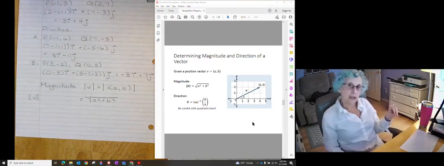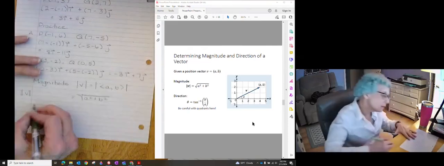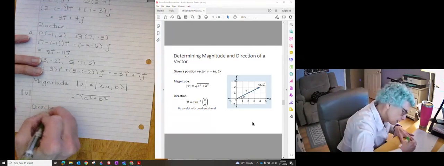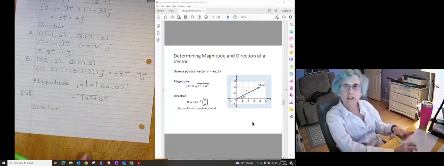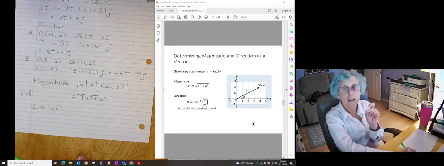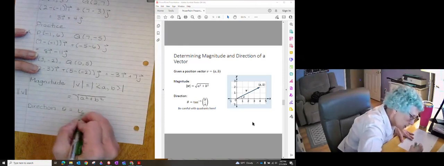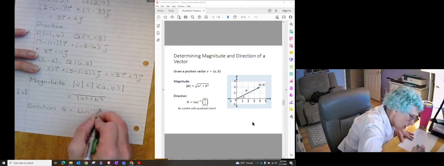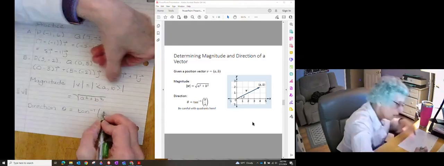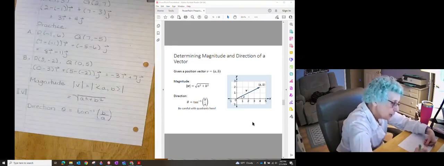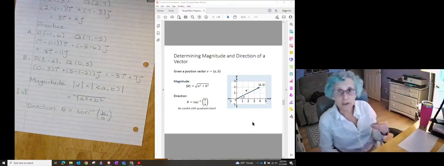The direction takes a little more thought because you have to figure out which direction that vector is pointing, because theta, the direction, is the inverse tangent of the vertical component divided by the horizontal component.